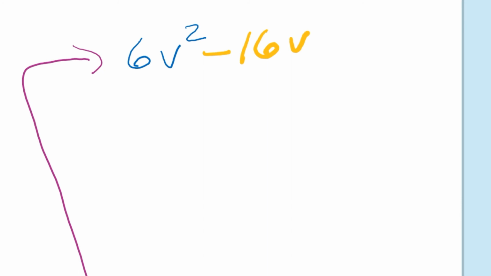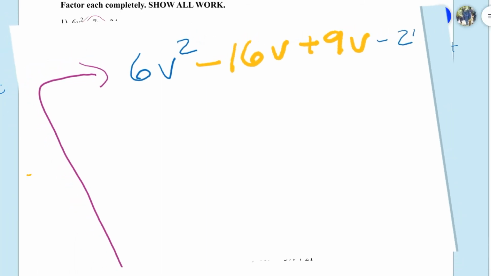So I'll have 6v squared, right? Then I'm going to have negative 16v plus 9v. And then we have minus 24.